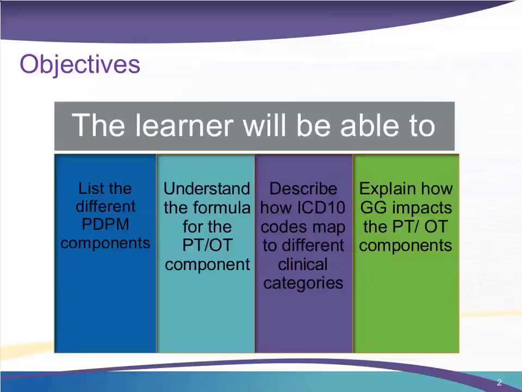There's a formula to determine PT and OT. We're going to talk a little bit about how CMS has defined the ICD-10 mapping and what that looks like. And we're also going to talk about a really important part of the CMI for PT and OT, which is the functional scoring. And so we're going to take a look at how CMS determines that.